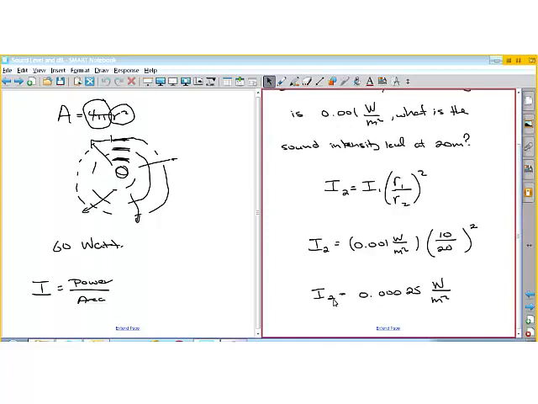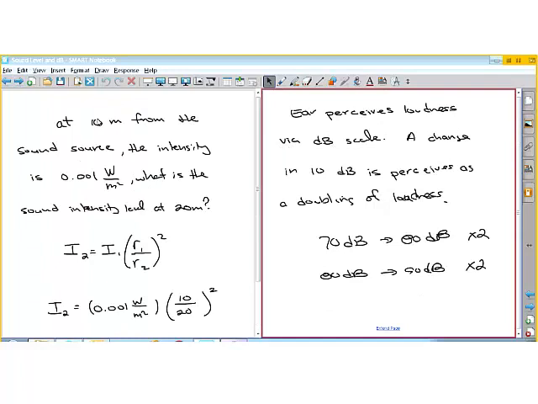So the sound intensity at 20 meters is 0.00025, which is a quarter of that. Okay. So that's how you work with intensities. It's a function of the distance.